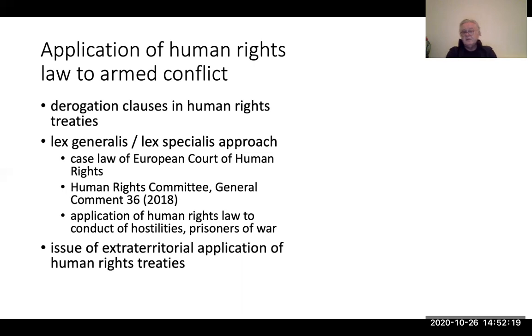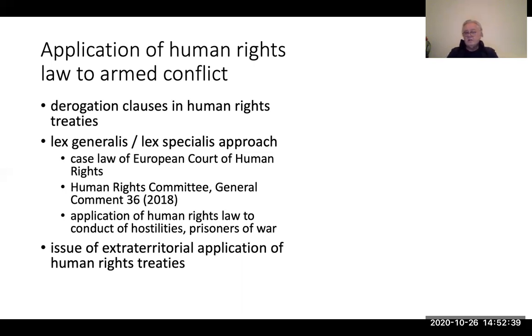So what did the International Court of Justice do with this? It agreed that the International Covenant on Civil and Political Rights did apply in wartime. They pointed to the derogation clauses and said that it was specifically contemplated that they could apply in wartime.